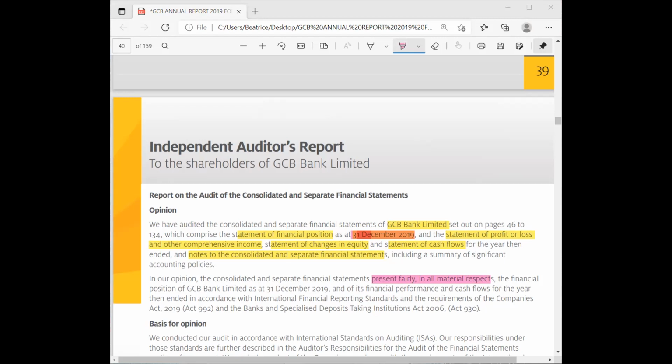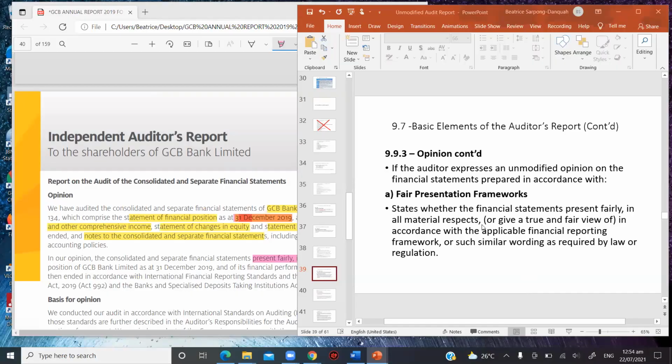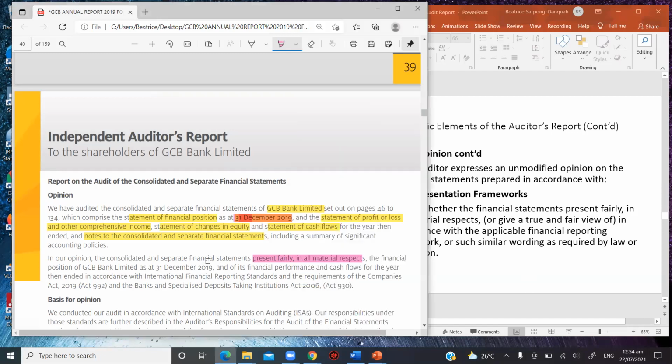So in the slides, I've indicated that with the fair presentation framework, the opinion will state whether the financial statements present fairly in all material respects, or give a true and fair view. So here, it's stated that the financial statements present fairly in all material respects.